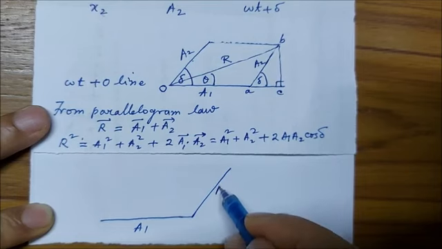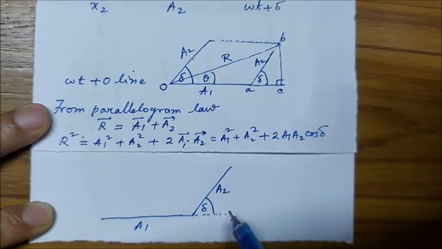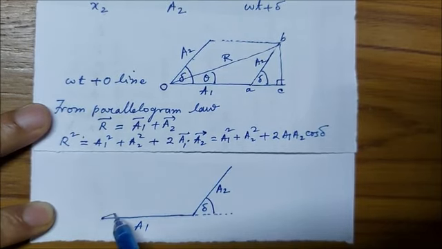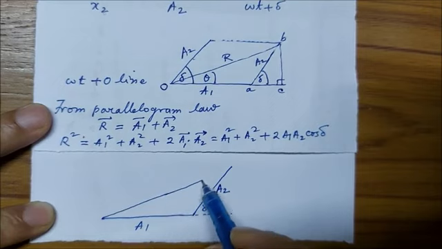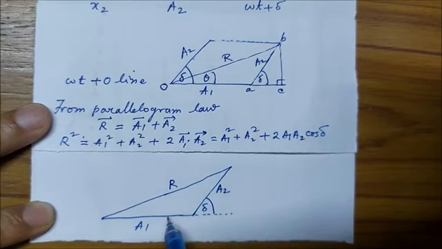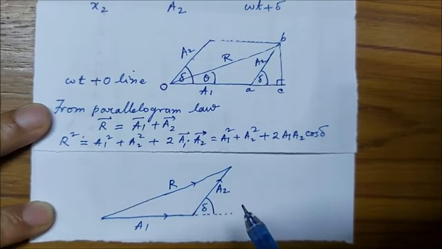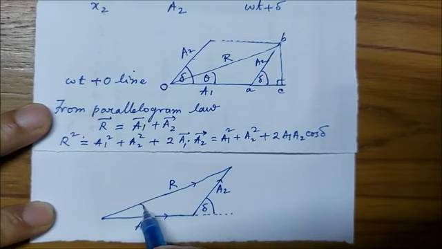So we have to draw this line making an angle delta with the omega t line. So this is A2 that makes an angle delta. Then the resultant is R as shown. So you can give arrows also. This is A1, this is A2, then this is R. And this is theta.